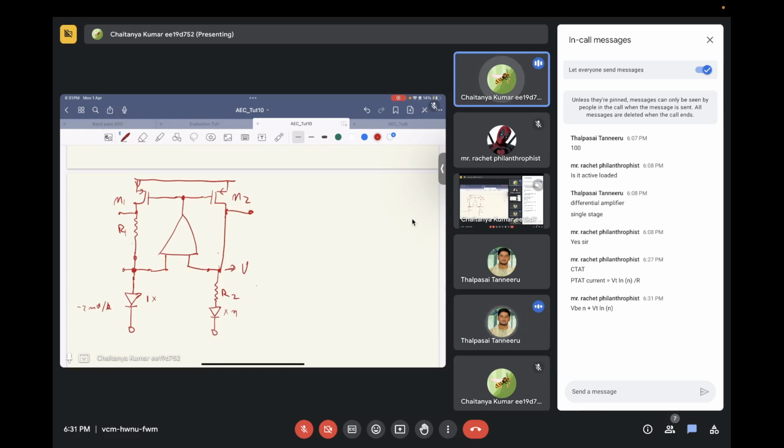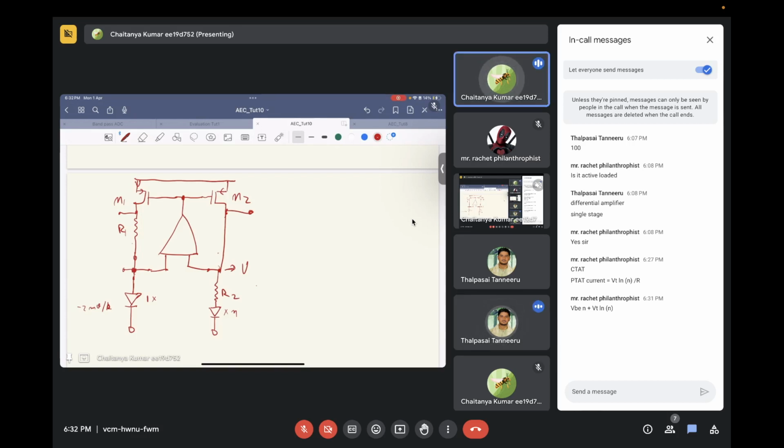First of all, help me find the direction of the terminals of the op amp. How will you go about finding it? Based on the op amp output, we can decide the input.